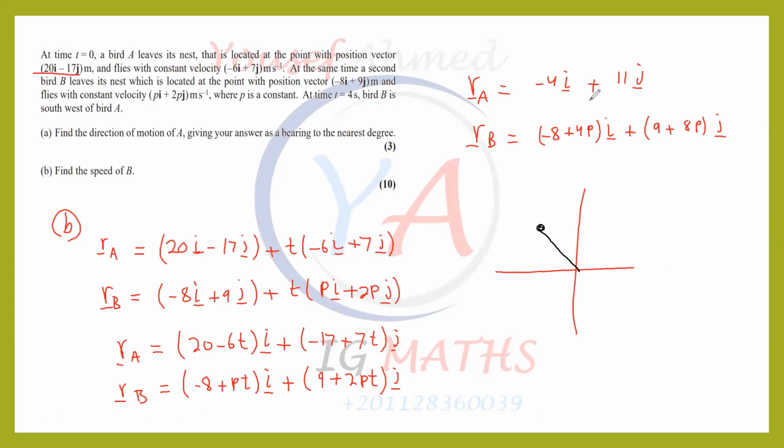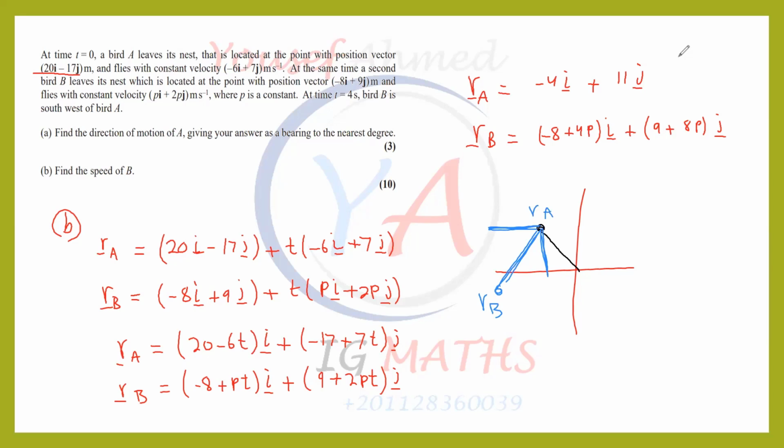But B is in the southwest. So if this is the west and this is the south, so B is here exactly. This is the position vector of B. This is RA and RB.